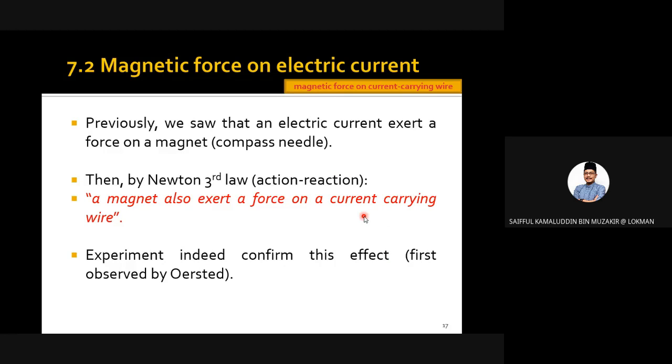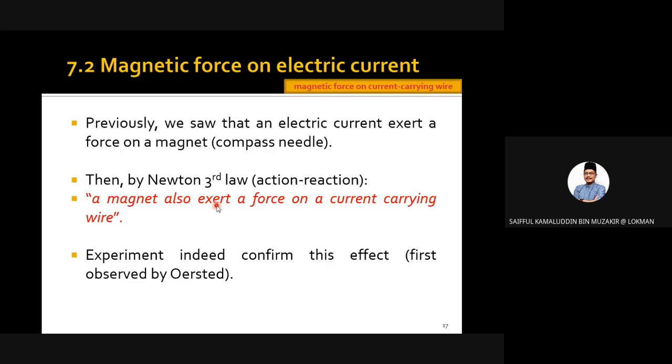And previously we saw that an electric current exerts a force on a magnet, which is the compass needle. Then by Newton's third law, which is the action and reaction, a magnet also exerts a force on a current carrying wire. When there's action, there will be a reaction. Remember our Newton's third law?